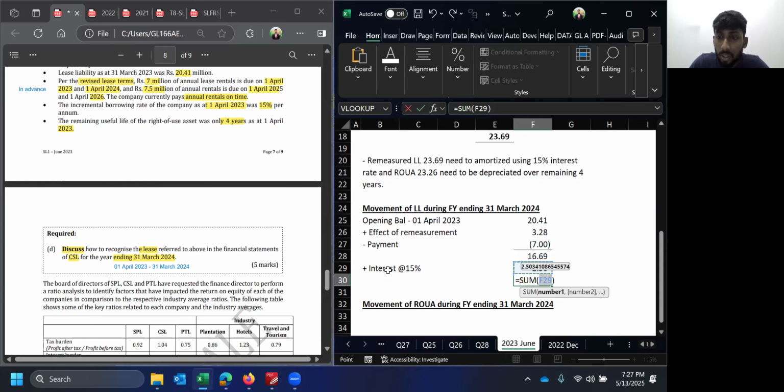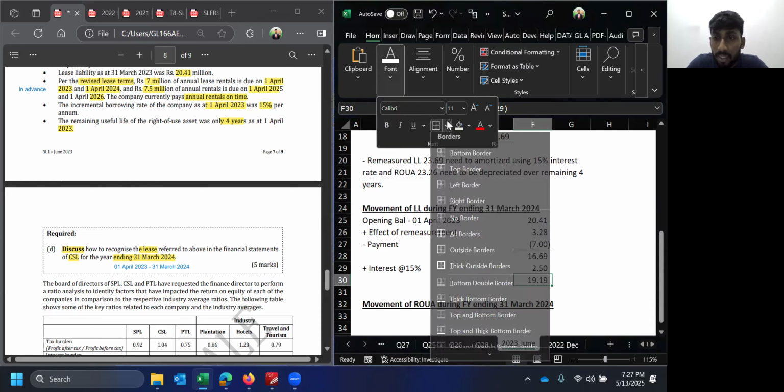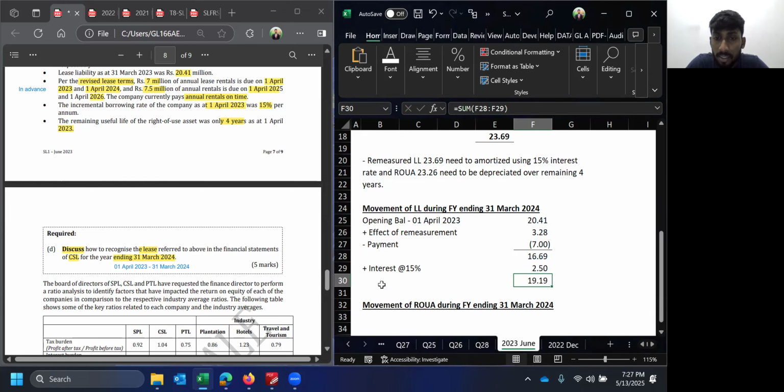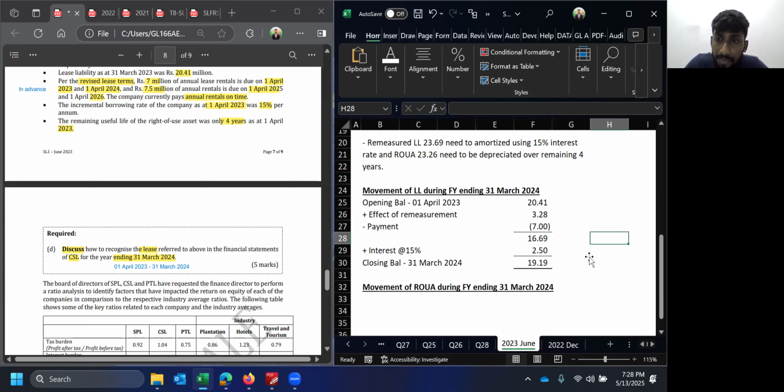Now I can get the closing balance. It is 19.19. This is the closing balance as at 31st March 2024.